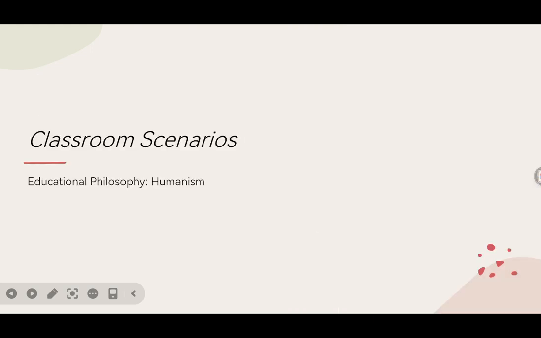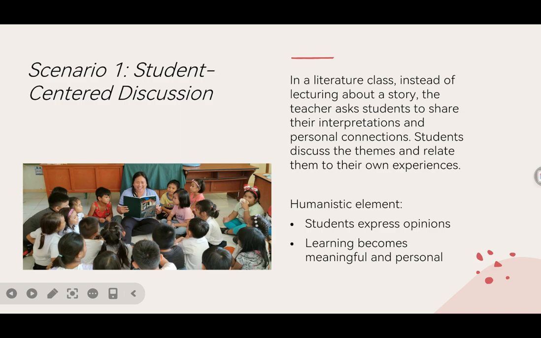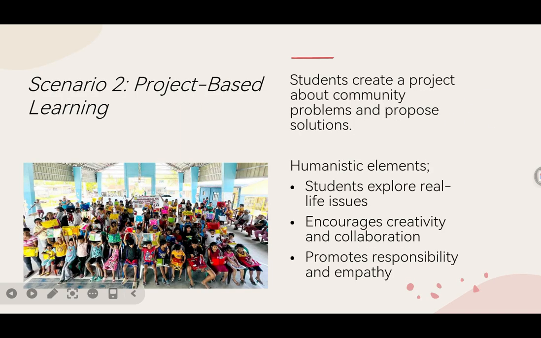So for the classroom scenarios in which we can apply humanism, first, for example, in literature classes, instead of lecturing about a story, the teacher asks students to share their interpretations and personal connections. The humanistic element is that students can express their opinions, and learning becomes more meaningful and personal. Next learning scenario, project-based learning, right?